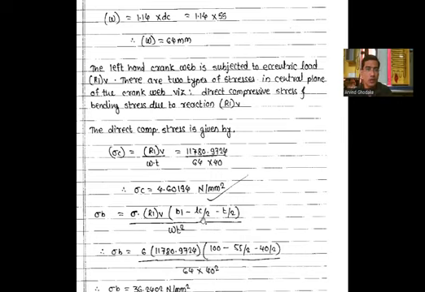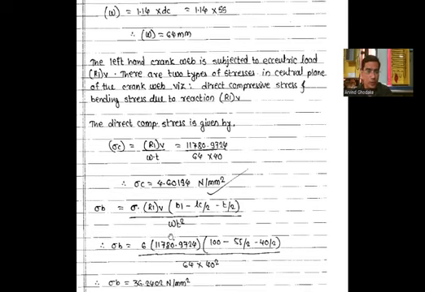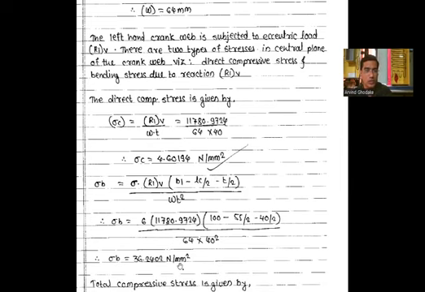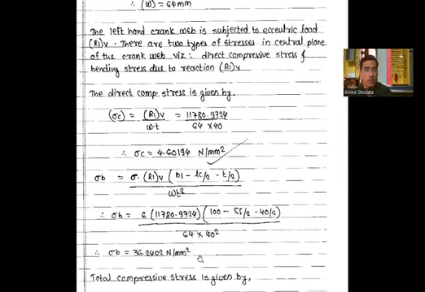The second one is the bending stress due to reaction, which is calculated by using the formula sigma b is equal to R1V into bracket B1 minus LC upon 2 minus T by 2, divided by W into T square. By putting in all the values, the length of the crank pin, the thickness of the web and the width of the web, we get the bending stress due to reaction equal to 36.24 Newton per mm square.